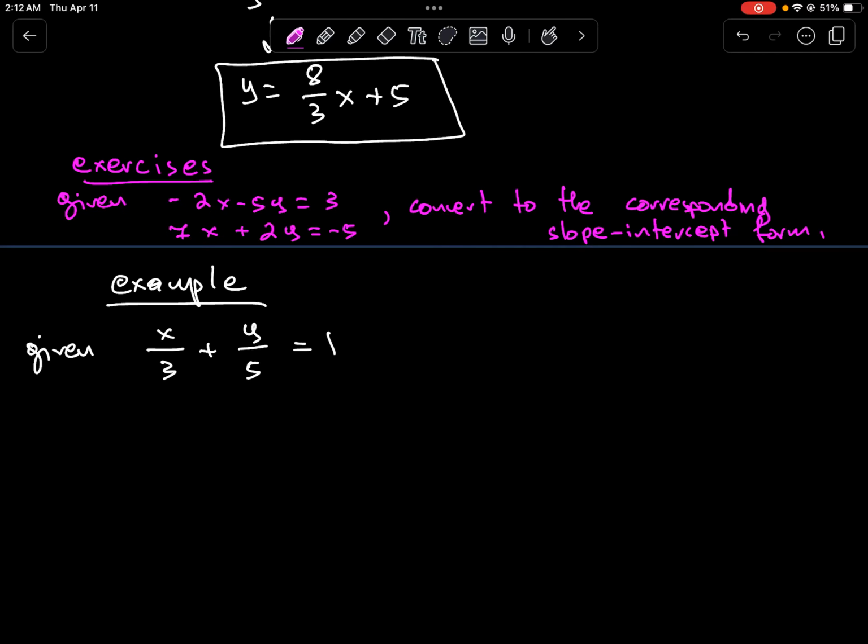Okay, let's do one more example. See how quickly we can do this one now that we have a little bit of practice. And I'm going to start with the statement.